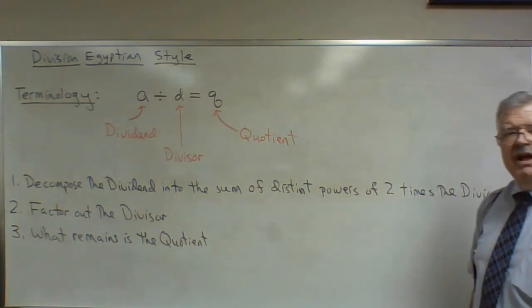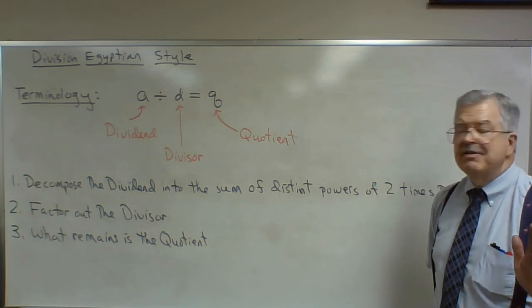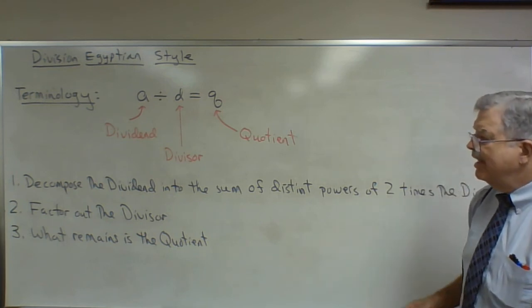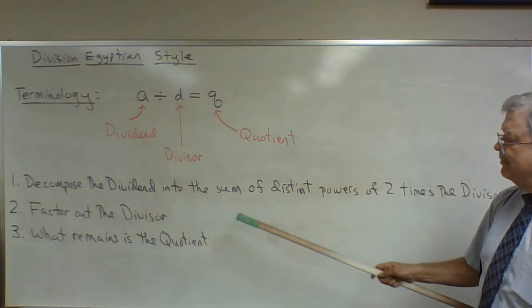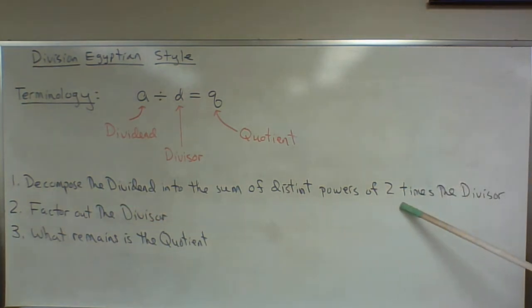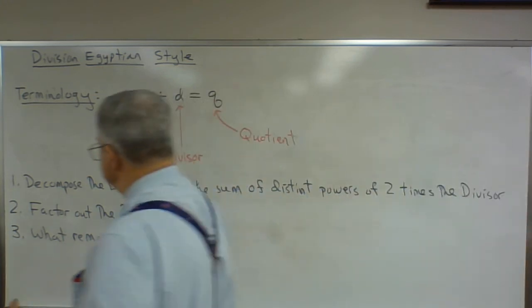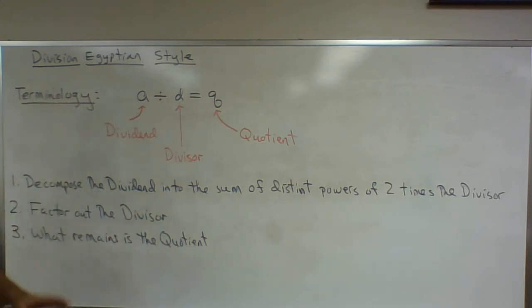Now, here's how the Egyptians did their division. The first thing they did was they composed the dividend into the sum of distinct powers of 2 times the divisor. So that's division right there. And it's very similar to what we do in multiplication.